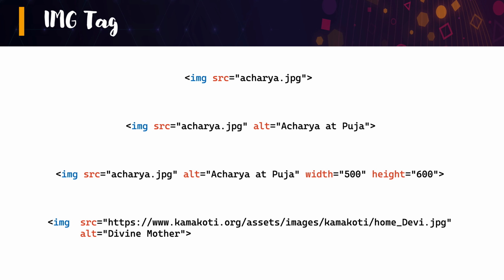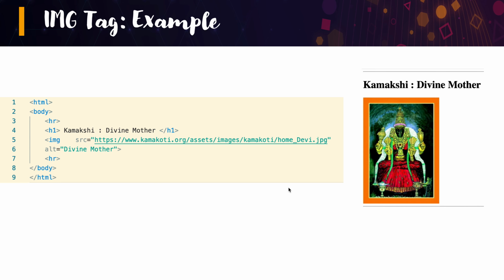Now let's look at a very simple but complete example. On the left hand side is a simple HTML file that is using an img tag. On the right hand side is how it is rendered on a regular browser. Line number 5 shows the usage of the img tag.